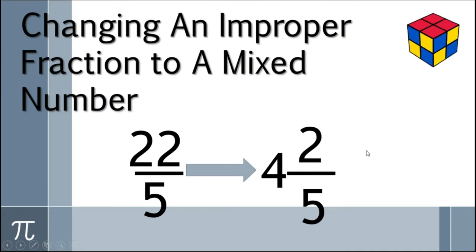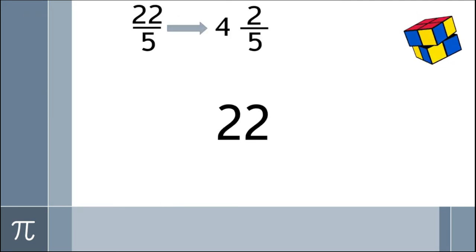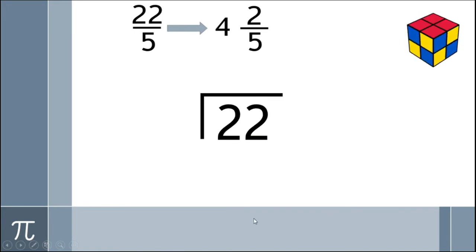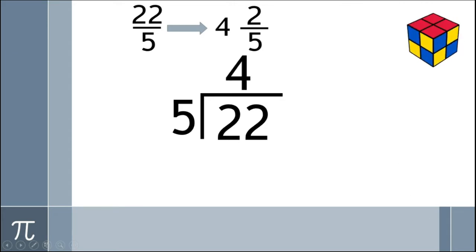Okay, unang lesson natin ngayon, changing an improper fraction to a mixed number. So, mayroon tayong example, 22 fifths, magiging 4 and 2 fifths yan. Paano ang gagawin ninyo? 22, ito yung numerator, divided by 5. Ito yung denominator. So, ilang 5 mayroon sa 22? 4.